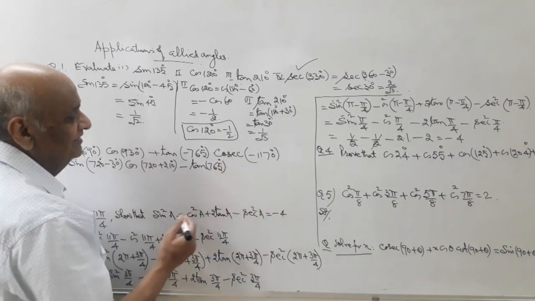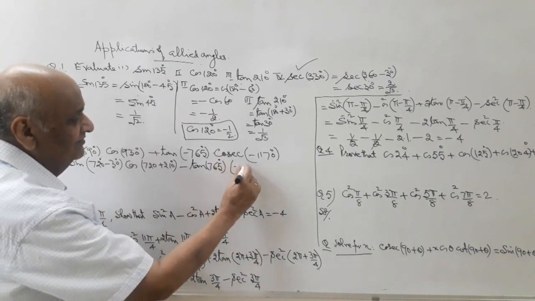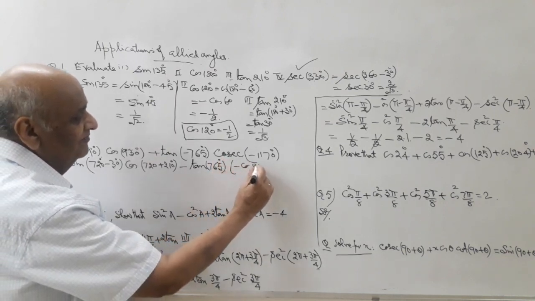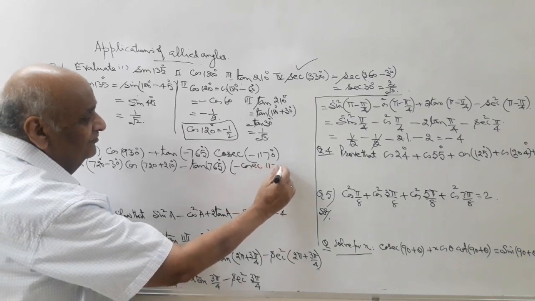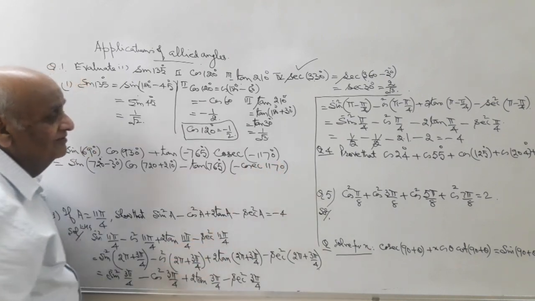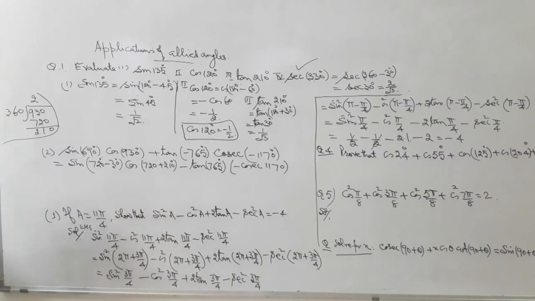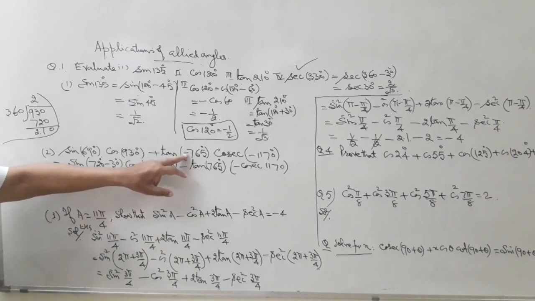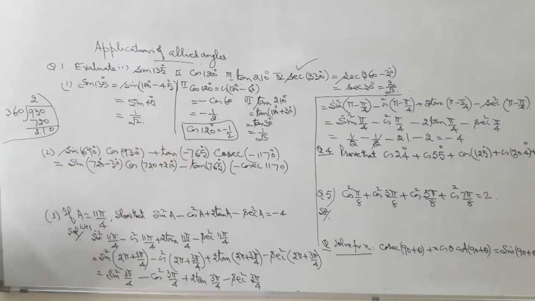Cosecant of minus theta, again we say minus cosecant theta, cosecant 1170. Because you will have to apply here the value for sine minus theta and similarly cosecant of minus theta.